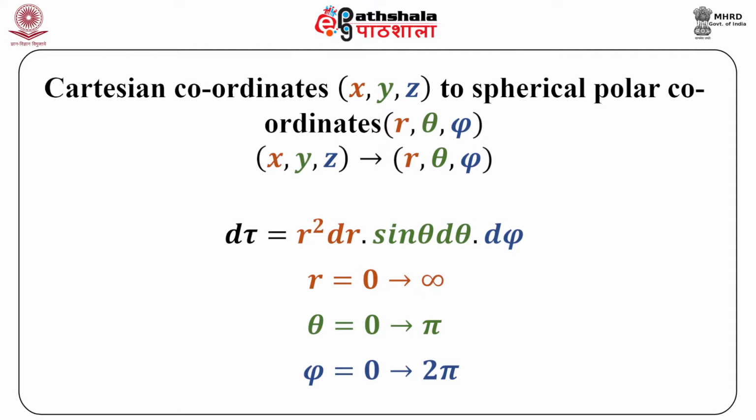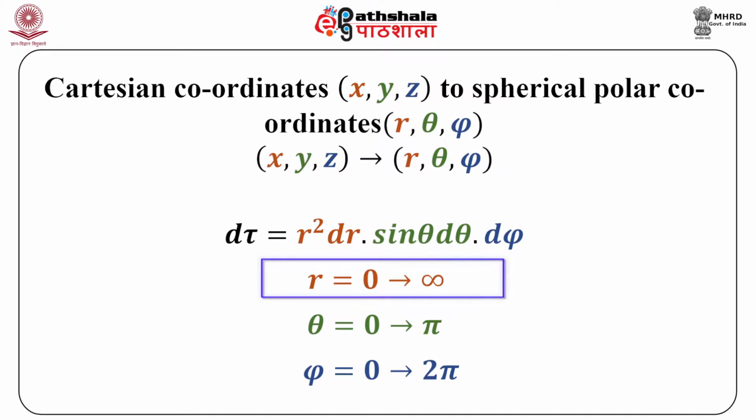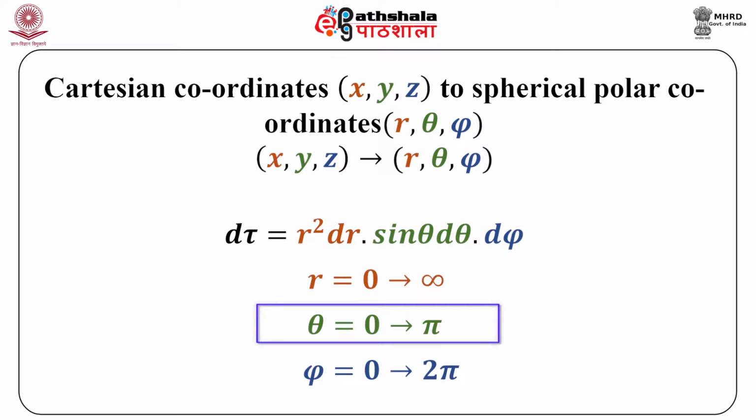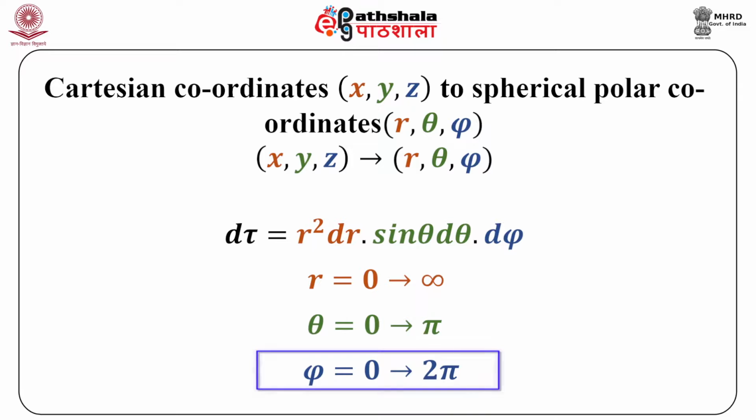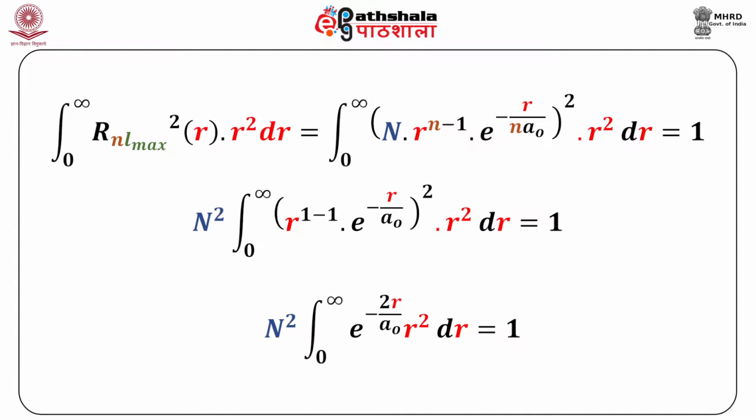For these polar coordinates, the volume element dτ is given by r² dr sinθ dθ dφ, where r varies from 0 to infinity, θ varies from 0 to π, and φ varies from 0 to 2π.